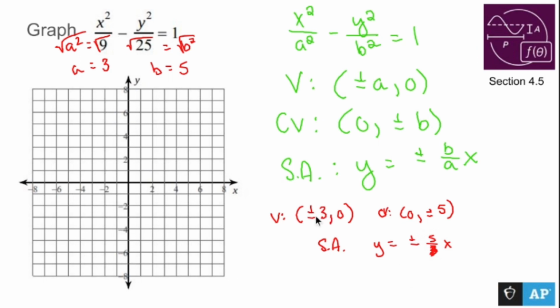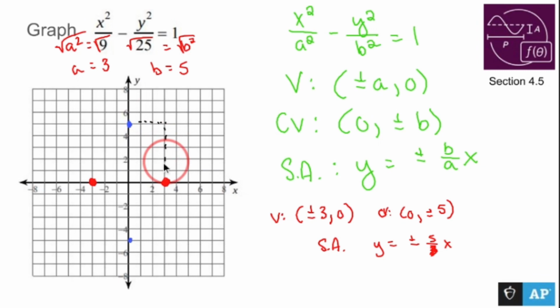All right, vertices at negative 3, 0 and 3, 0. Co-vertices at 0, 5 and 0, negative 5.